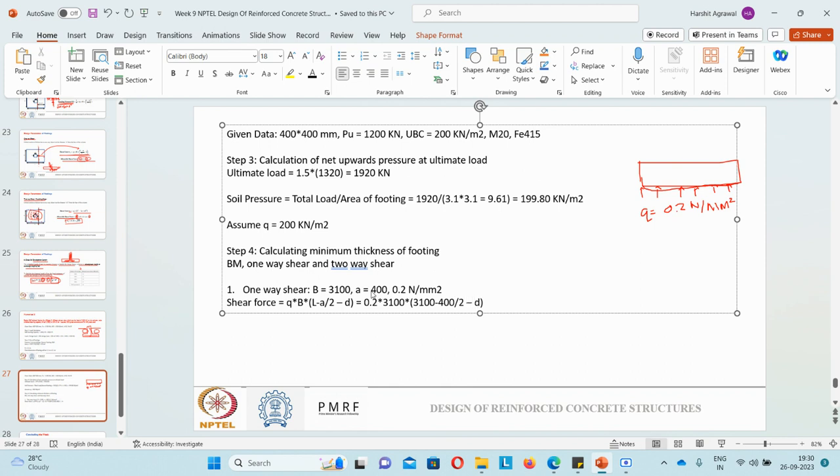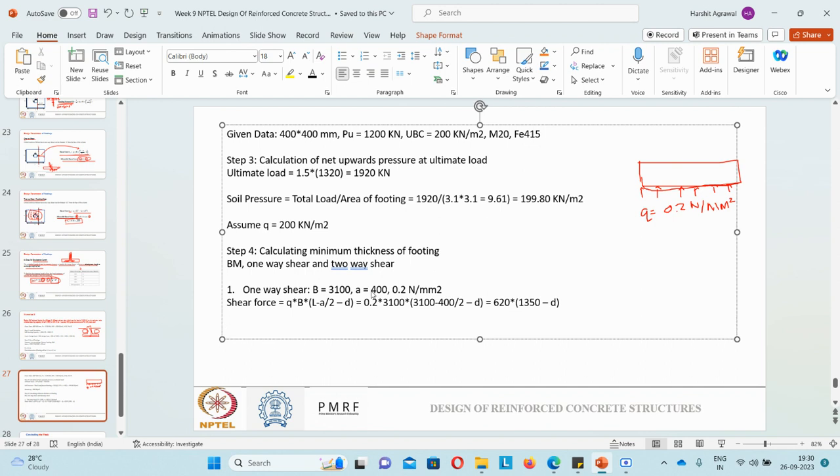Just do the calculation once. So this will come out to be 620 times (1350 minus D). Now hold this equation as it is.